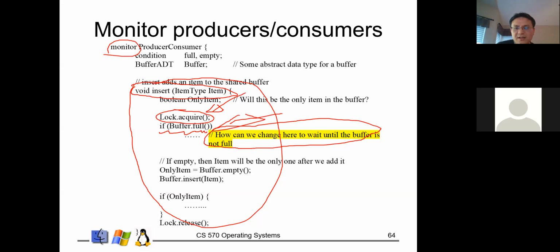So it needs to give up this lock, and it can go to sleep. That's where we introduce what we call a condition variable to do that.